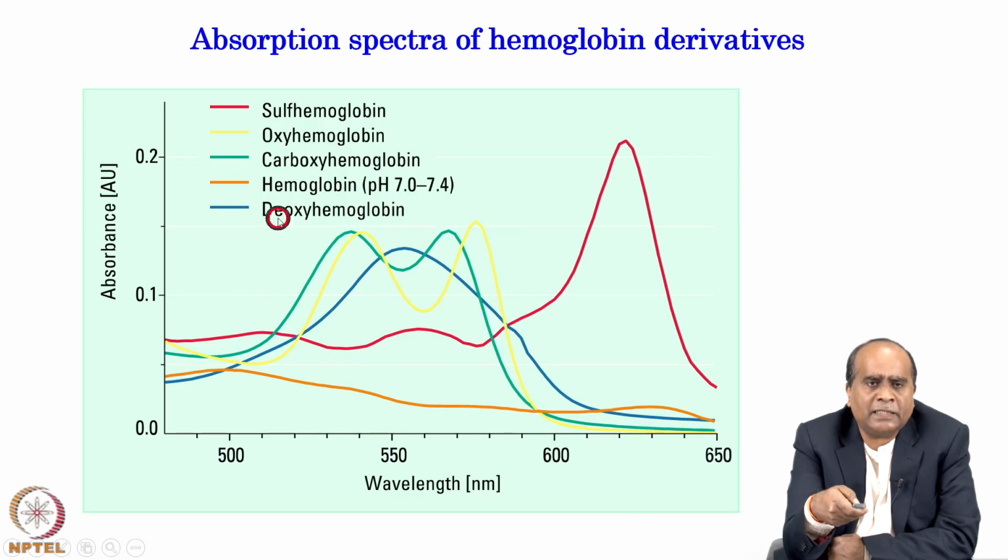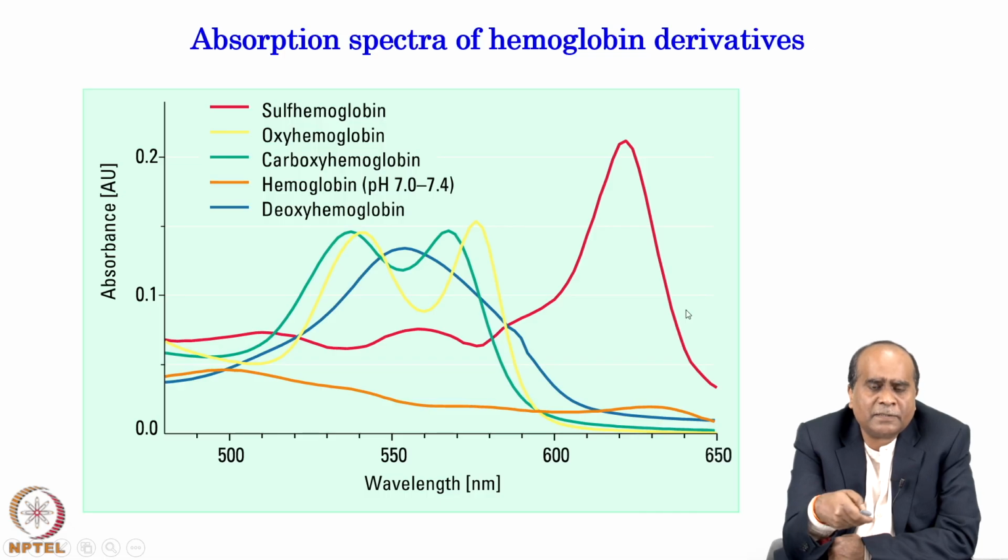Then you have sulfhemoglobin which is in red, carboxyhemoglobin again with 2 peaks, methemoglobin which is in orange, minimally absorbing, and deoxyhemoglobin is there.